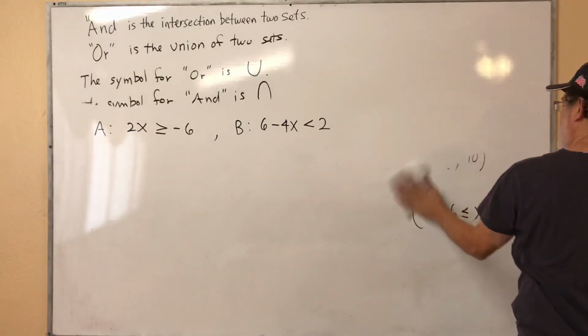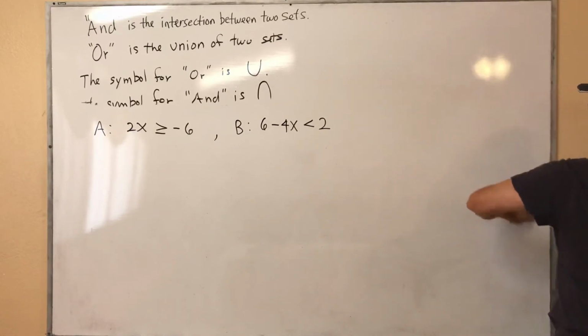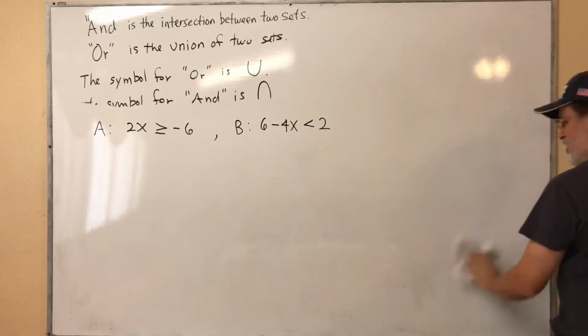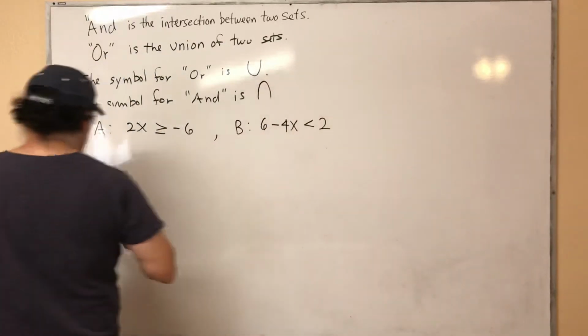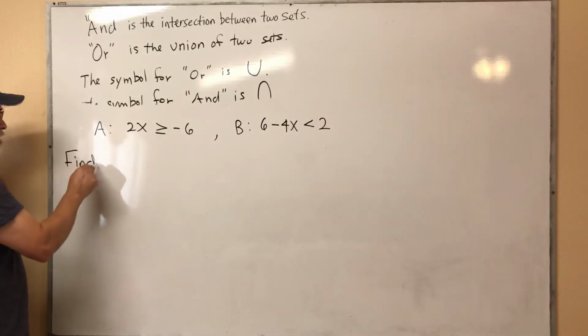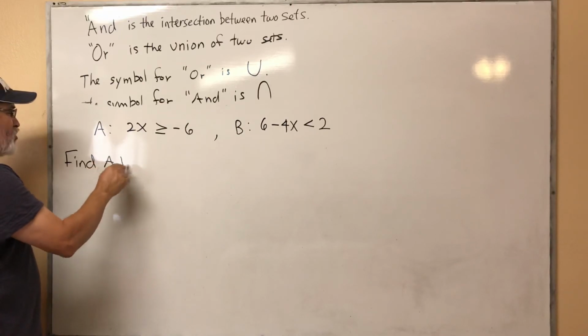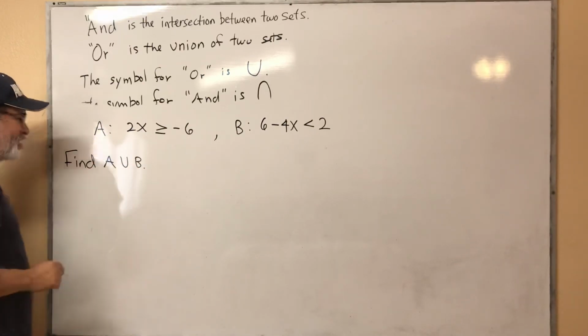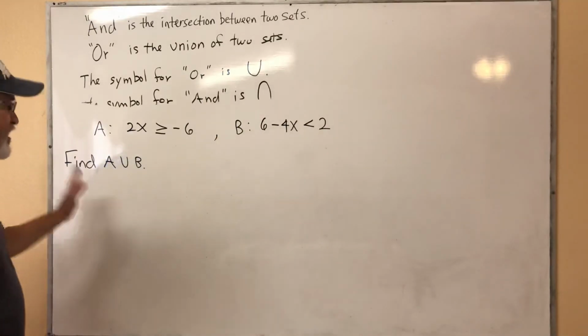All right, very good. The book doesn't write it like this, guys. Here's what the book does. Suppose I want to give you the union. Find A union B. The book does not necessarily do it like this.